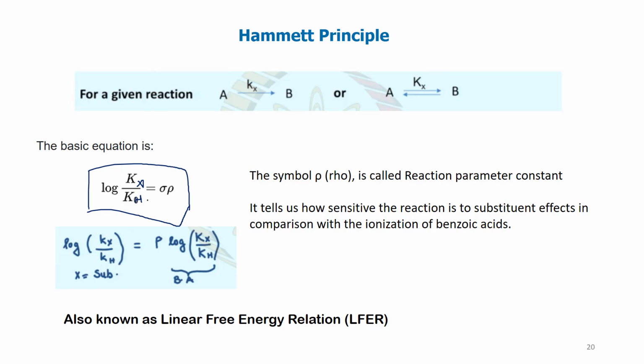So log Kx by Kh equals sigma rho, where sigma is the log of the rate constant of the substituted reaction and the simple reaction. Okay, so this is the equation. Sigma I have discussed.